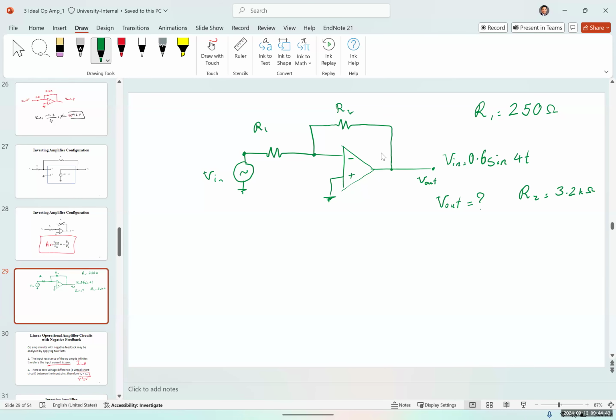Has anyone solved it? Negative 0.534. No. But pretty close. Has anyone else?